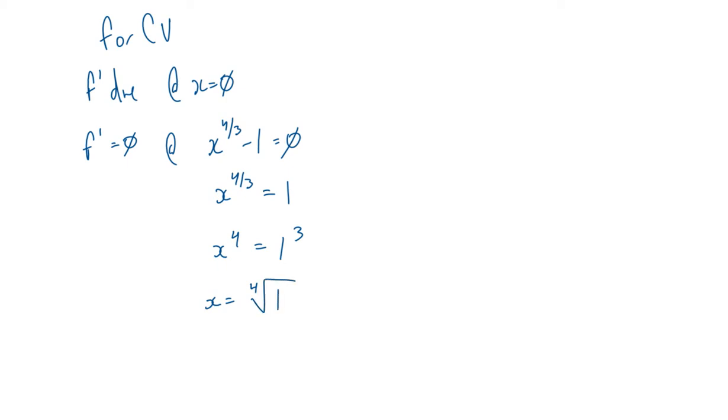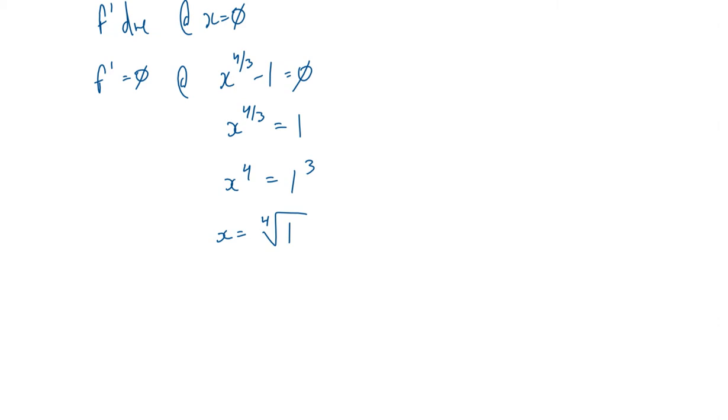1 cubed is 1. And this is something that we don't see a lot of. We see it a little bit in MHF, but we don't see it a lot. We see square roots of things a lot, starting in grade 10, even in grade 9, but we don't see it with other higher exponents. But when I take the 4th root of something, it's just like a square root where I have to have the plus minus, right?